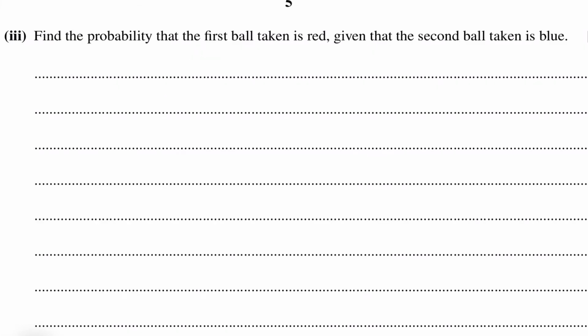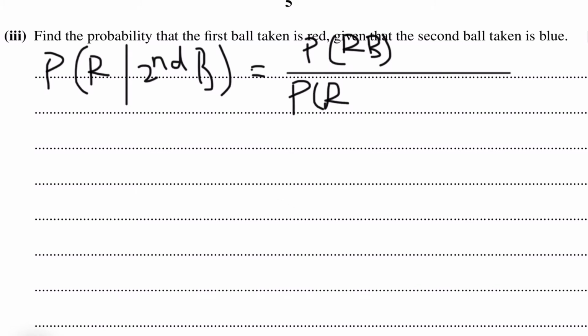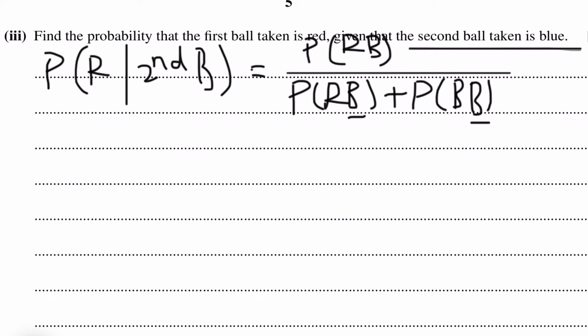Find the probability that the first ball taken is red, given that the second ball taken is a blue. So the probability that it's a red, given that the second ball taken is blue. So this will be the probability of getting a red and a blue divided by getting red, blue, and blue, blue, because for both of these, the second ball is a blue, because the given is that the second ball is blue.